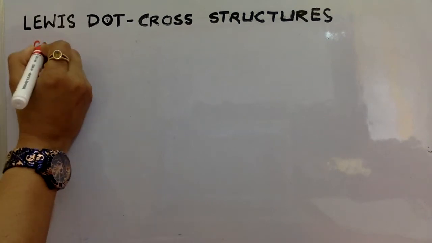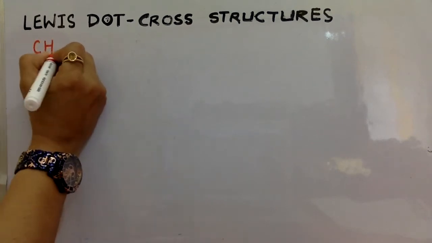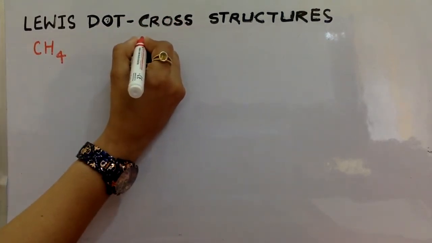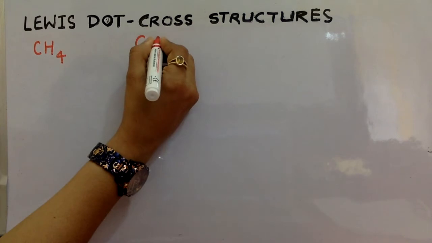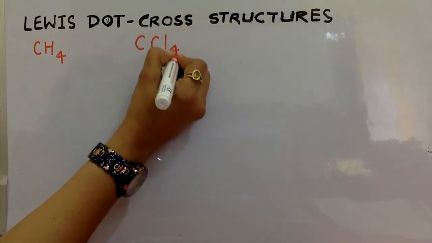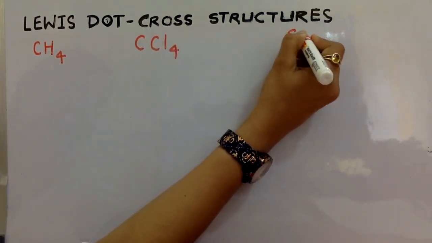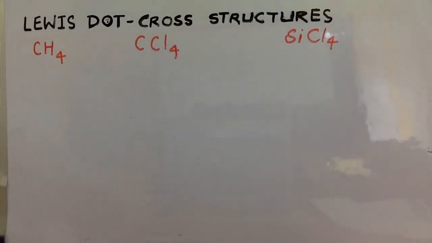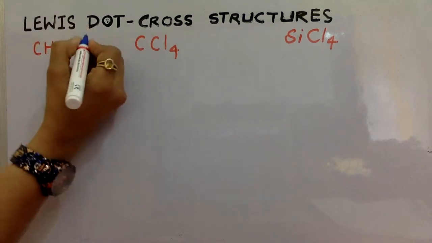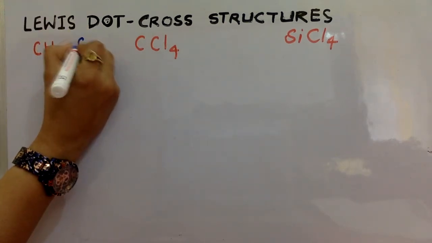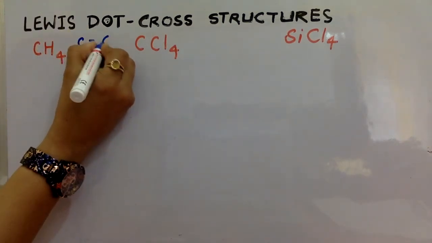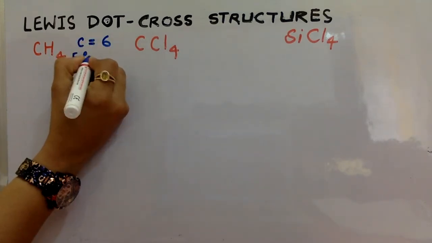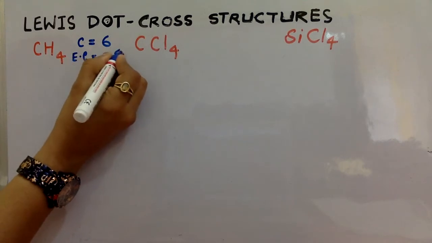We want to make CH4, CCl4, SiCl4. We need the atomic number of carbon, 6, and the electronic configuration of carbon, 2 4.